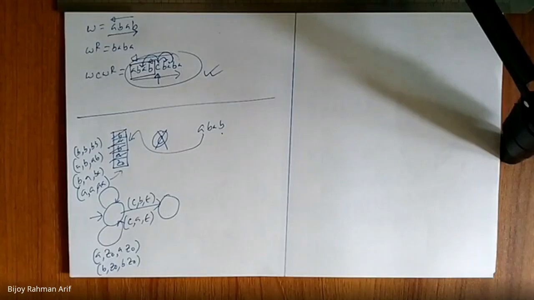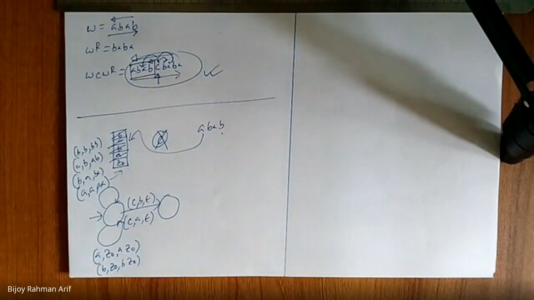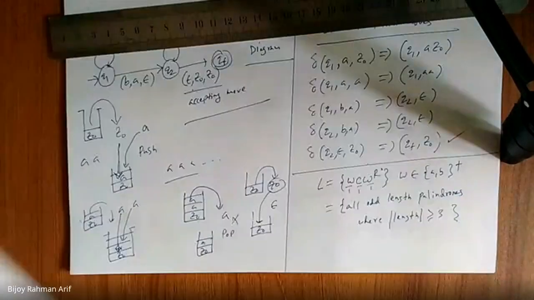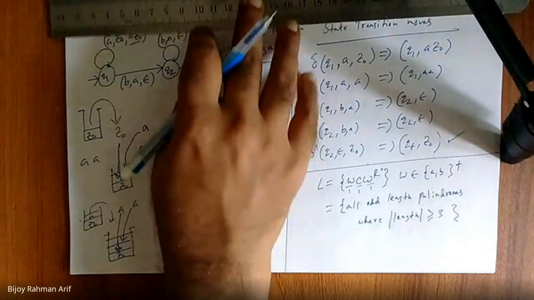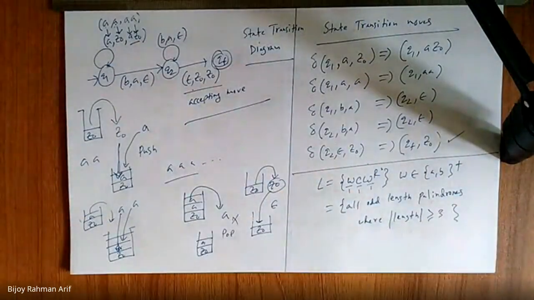Why can I not get the center initially? Look at the language, then say it, don't blindly say anything. Why can I not get the center initially?